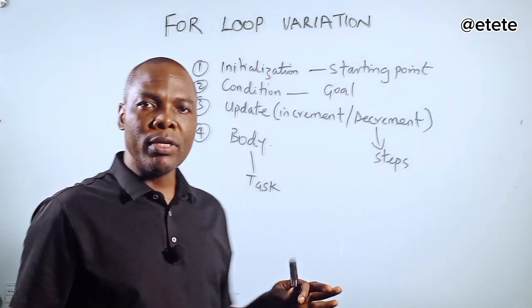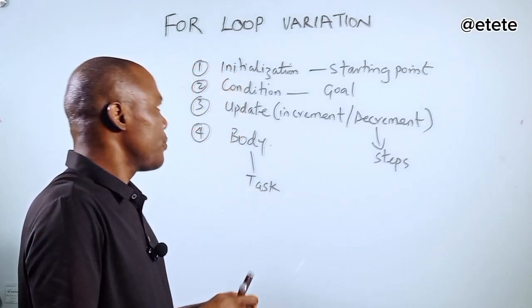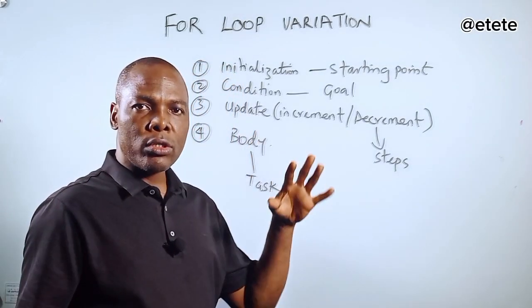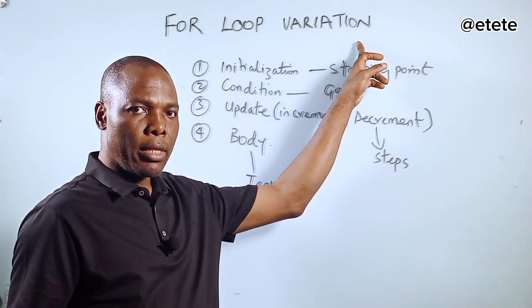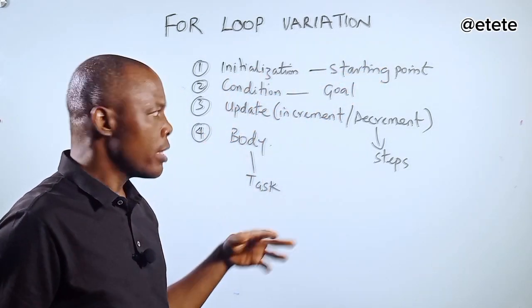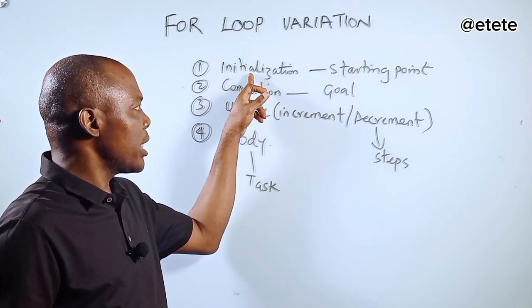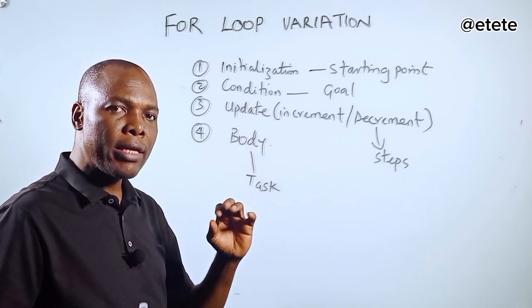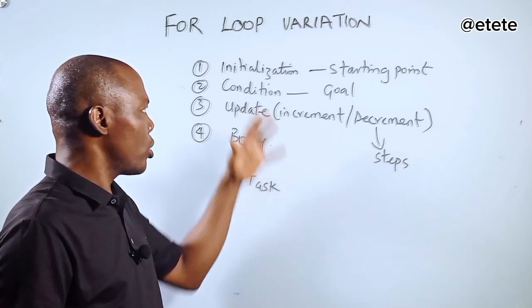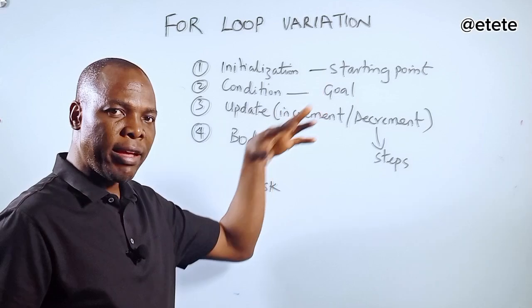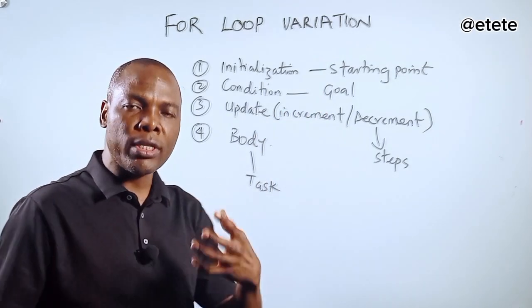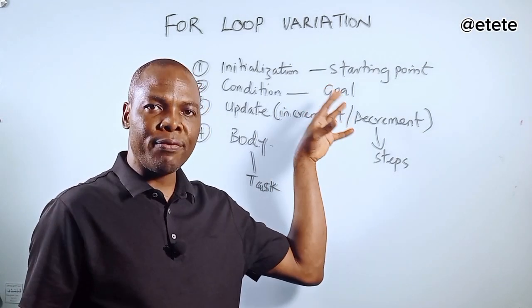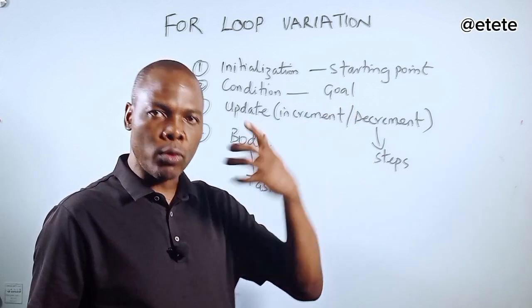So a loop is like goal setting. Now, there are various variations that you can have for a loop, depending on the initialization, the condition, and the update. So we are going to write a few programs to illustrate the variations that you can find in a loop, and then I will use that to explain how it can affect real life manifestation in terms of goal setting.